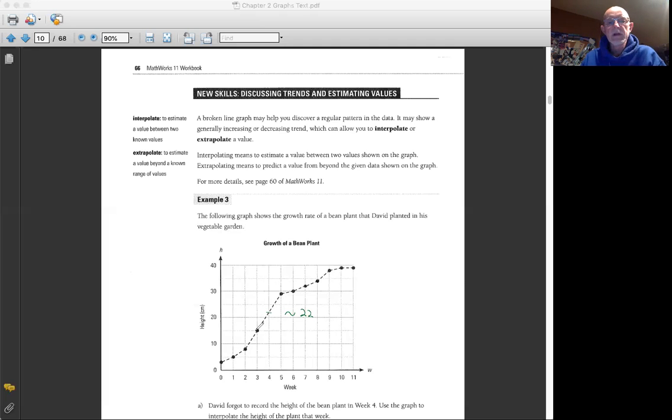Well, the nearest point here is easy because it's right on the line, which is 15. So that's 15. And the next one here is a little bit off the line. It's a little bit below 30. So I'm going to estimate that as being like 29. And I think that's fairly reasonable.